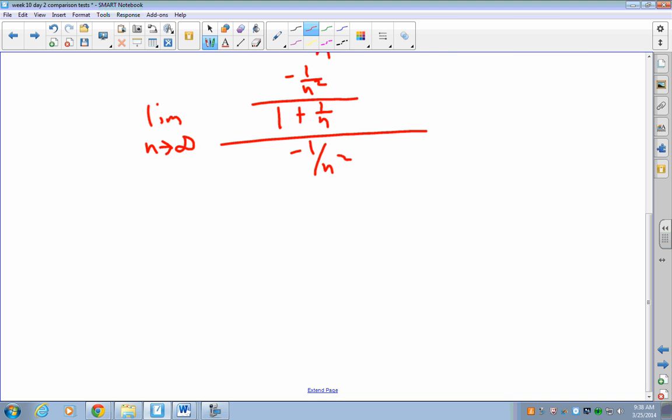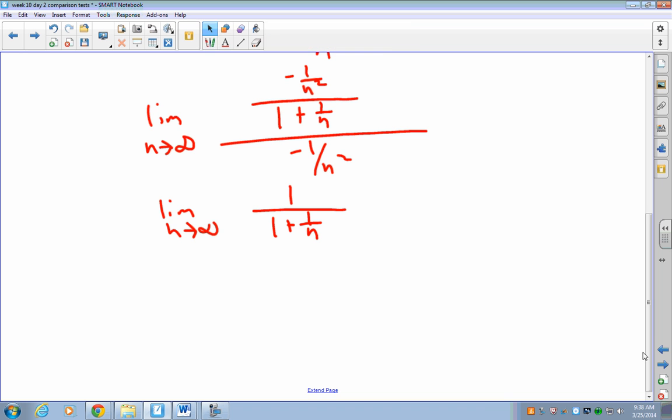This looks super ugly, but do you agree those 1 over n squareds should cancel out? So this is really just 1 over 1 plus 1 over n. Okay, because these guys canceled out. Plug in infinity there, and I get 1.